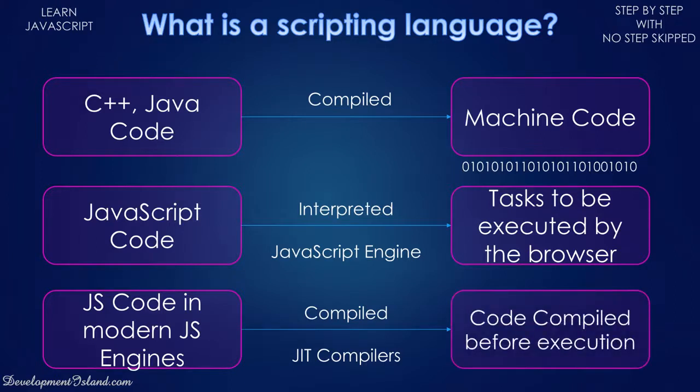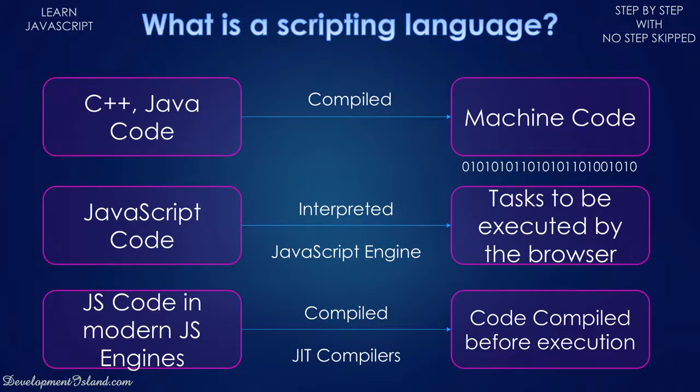And it will be converted to a compiled code before the execution of your code. So this is something to bear in mind. Normally JavaScript is a scripting language, but in some modern JavaScript engines, you will find JIT compilers, or just-in-time compilers, inside the JavaScript engine, and they will compile your code into machine code before execution.